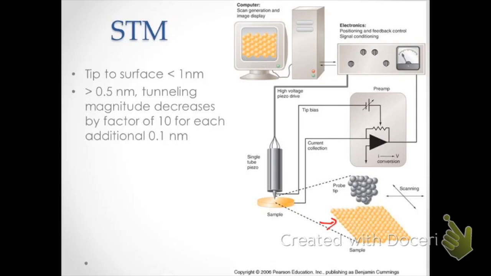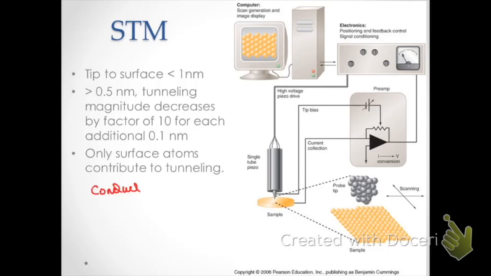As the tip passes over it, it moves up and down to maintain a constant current, and that moving up and down is monitored to generate an image on a computer of the surface of whatever is being examined. Scanning tunneling microscopy is, as I said, used to generate images of the surface of materials. It does require that the materials be conductive because electrons are tunneling between the probe and the surface of that material.